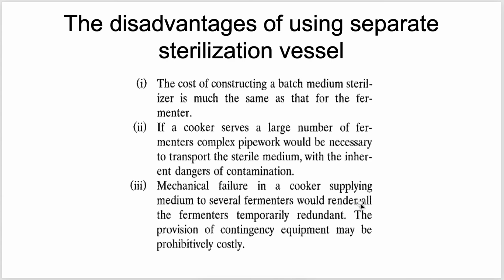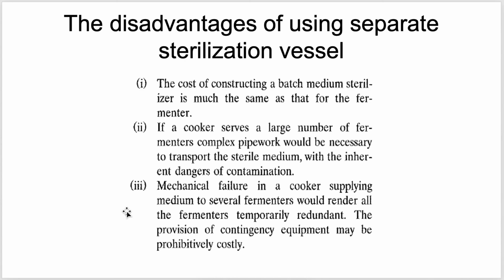Another disadvantage is, if our sterilizer fails due to some mechanical failure, we have to shut down the whole plant, right? Because we are using a separate vessel to supply sterile media to all the fermenters. So if that vessel itself fails due to some mechanical failure, we have to shut down the whole plant.